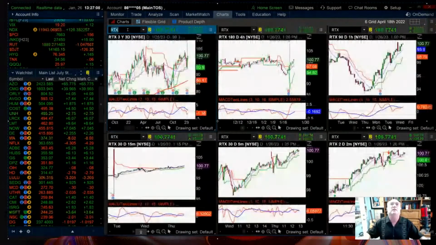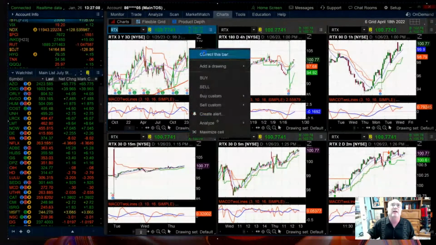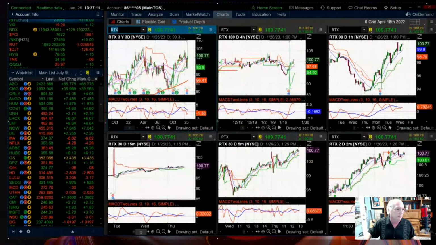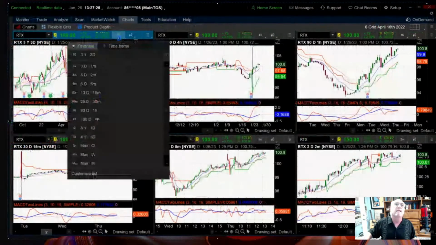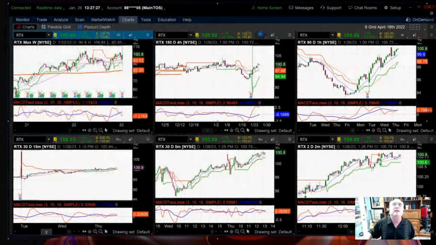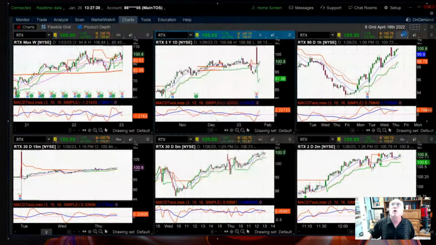So here's RTX. See that one line? It's ruining everything. But basically, if I want to buy this, let's say long term, I'm going to want to have a weekly, a daily, a 4 hour.